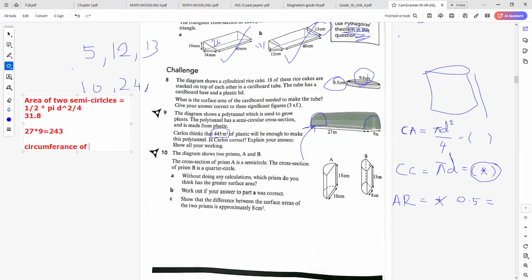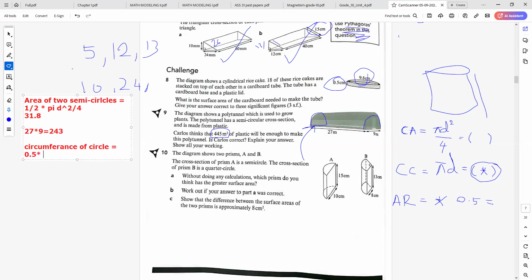We don't need to multiply by 2, because if we wanted to find the area only, we would have to multiply by 2, right? So here half into pi d, for a semicircle.